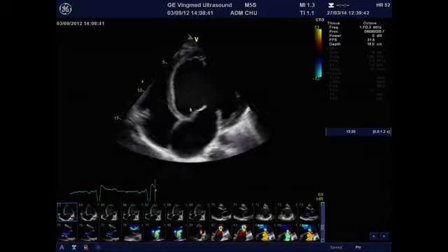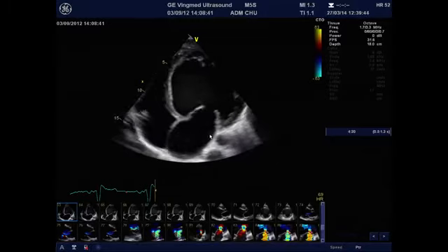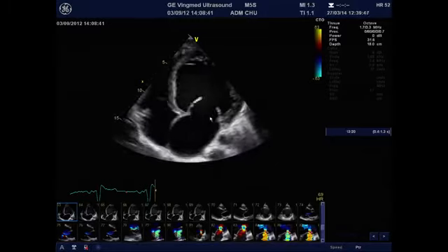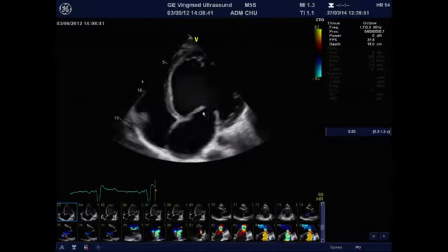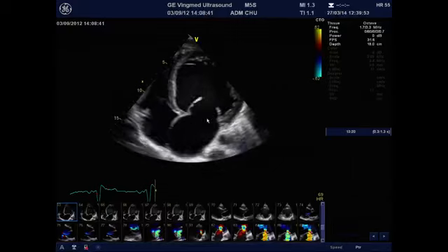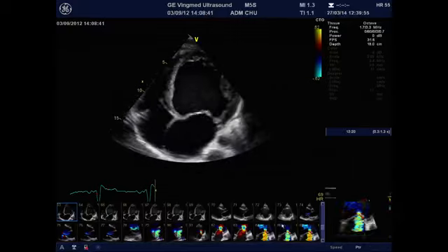It is mainly a disease related to the ventricle rather than to the mitral valve, and it is easily recognized on echo by the apical displacement of the mitral leaflet coaptation point, as shown in this example.